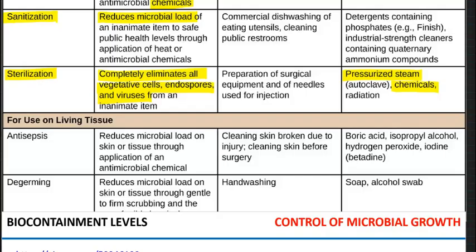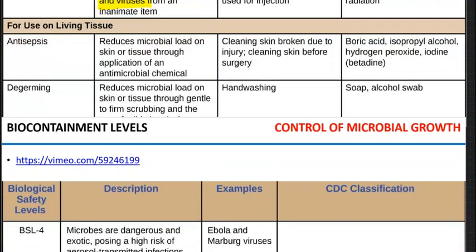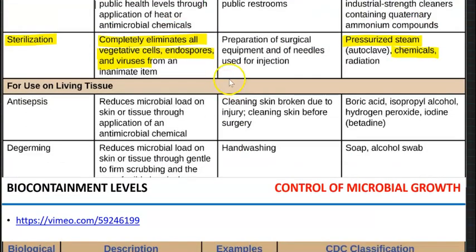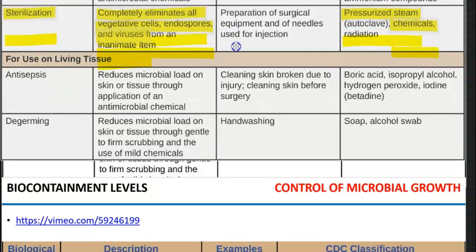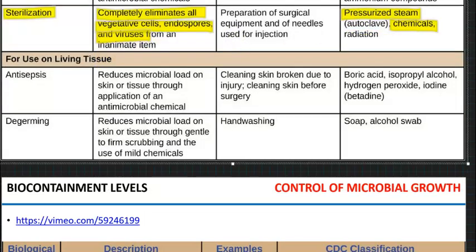Now, the removal of microorganisms from the living tissue poses a certain amount of challenge. Okay? And the challenge is that living tissue is pretty sensitive. So there are two protocols that are associated with the living tissue: antisepsis and degerming, or degermation.